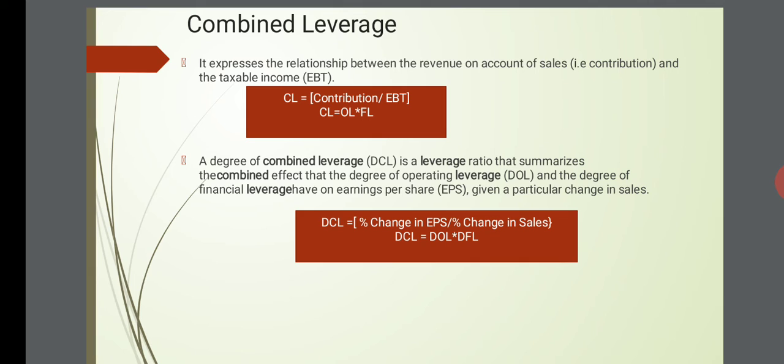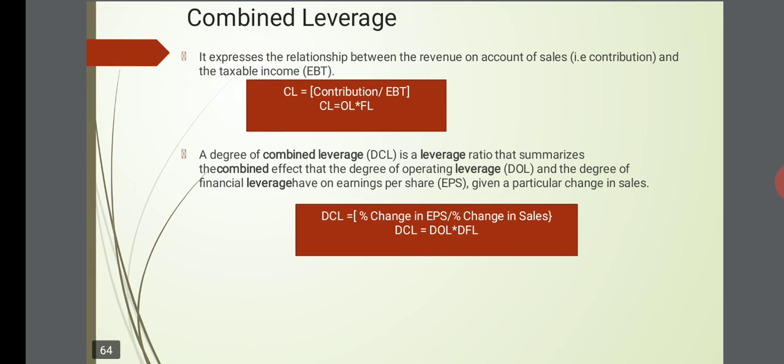The degree of combined leverage is the leverage ratio that summarizes the combined effect that the degree of operating leverage and degree of financial leverage have on earning per share, given a particular change in sales. So the degree of combined leverage is percentage change in EPS, earning per share, divided by percentage change in sales. It is also stated as degree of combined leverage equal to degree of operating leverage into degree of financial leverage.